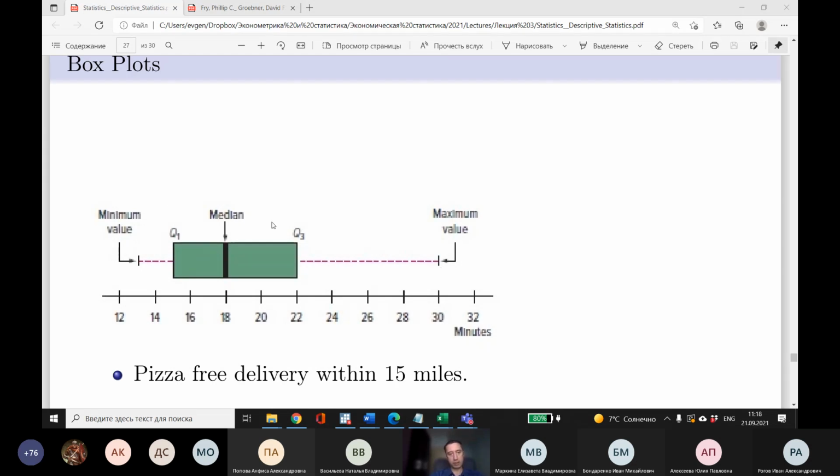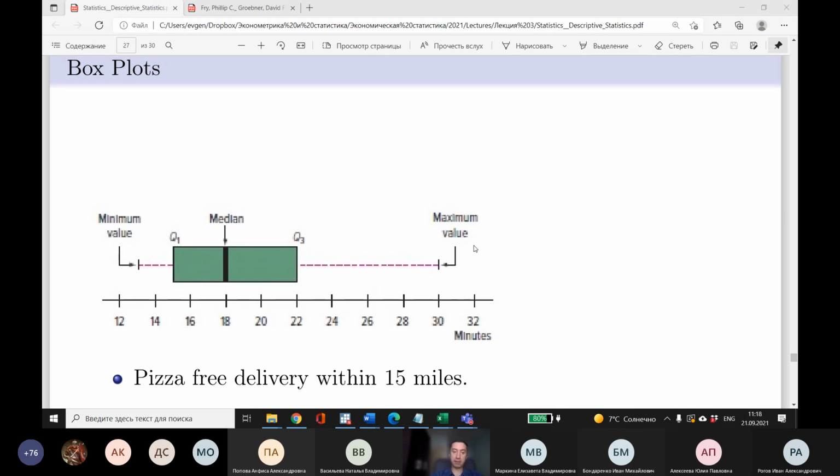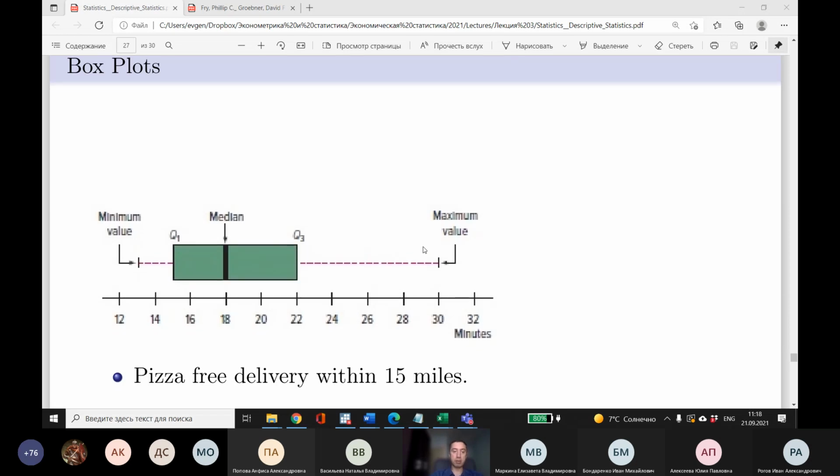There are some large extreme values in our data set. Hence, if we rely on the simple average in describing this data set, we have to be very careful with the interpretation, because this data is skewed, and probably median is a better way to find a typical delivery time in this data set.